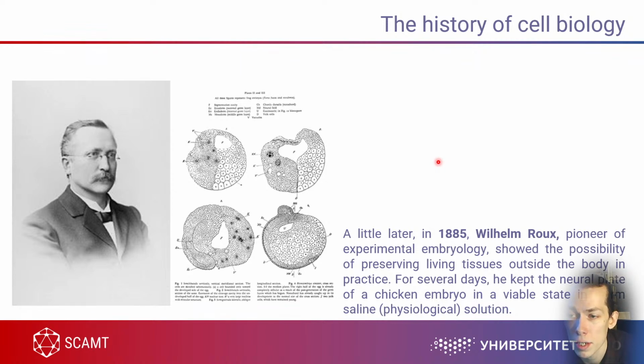And already in this year, 1885, it was obvious to scientists that it should be warm and in some physiological solution. It was discovered that warm saline can help keep the chicken embryo, or the neural plate of a chicken embryo, alive in a viable state.